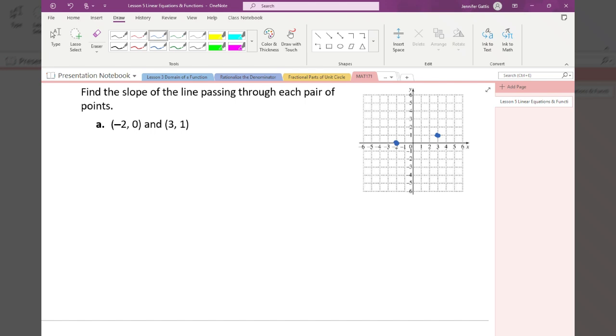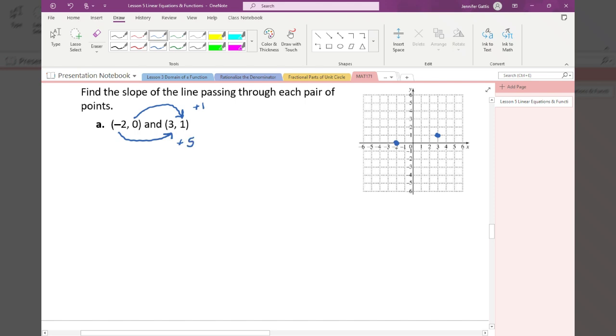And also considering rise over run is change in y over change in x. Well, we consider what happens when we go from 0 to 1 in the y's. We add 1. What happens when we go from -2 to +3 in the x's? We add 5.